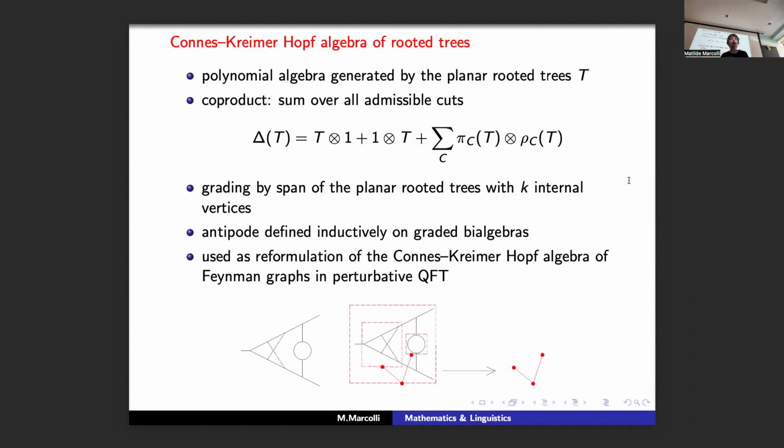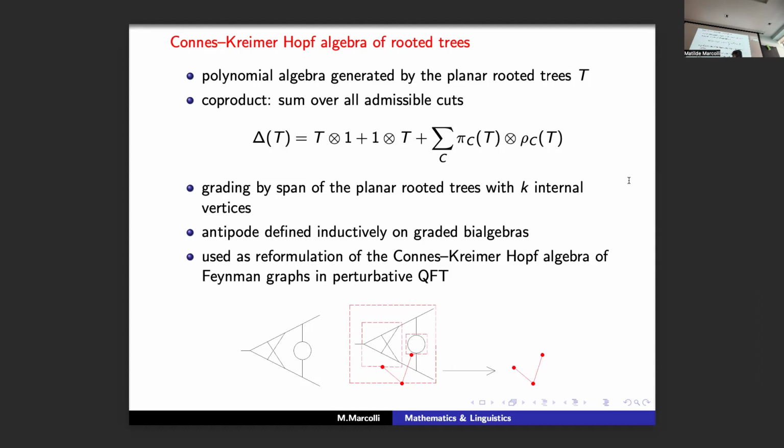And so the way that this algebra of rooted trees is related to the Feynman graphs is that if I give you a Feynman graph, with the previous coproduct, I look for subgraphs that I want to extract. And the way that I can think about looking for subgraphs that I can extract is in terms of a tree that organizes how graphs are nested inside larger graphs.